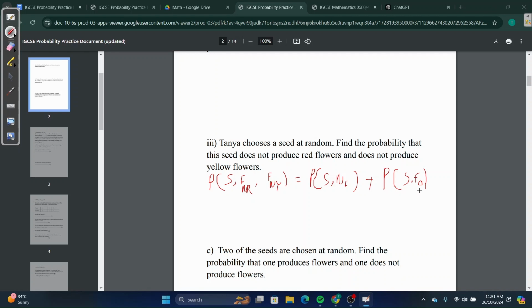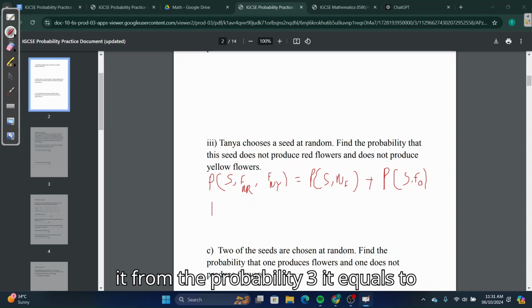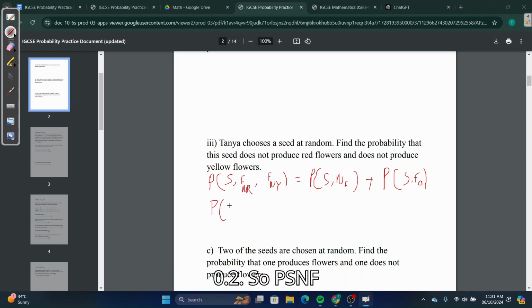Okay. So now, the seed doesn't produce flowers. We have it from the probability tree. It equals 0.2. So P of S, NF equals 0.2.